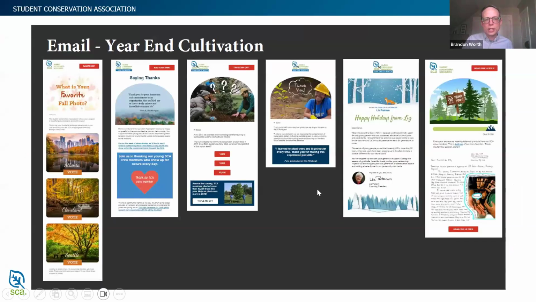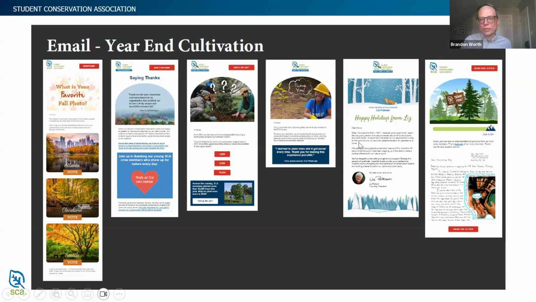On the next slide, just looking at some of our emails, this whole slide is just some of the cultivation messages that we did. You'll see some donate buttons on here, but we really used the time, especially in November leading up to Giving Tuesday and December, to do things like, on the left, a photo contest for favorite fall photo, and lots of thank you messages.